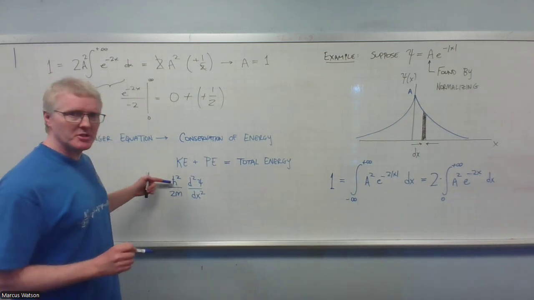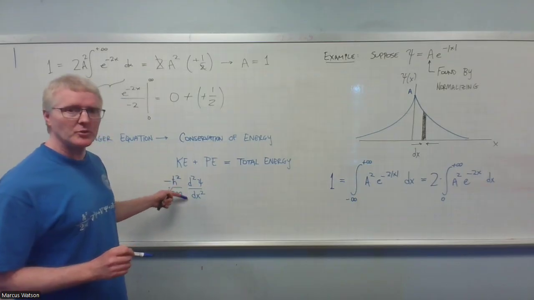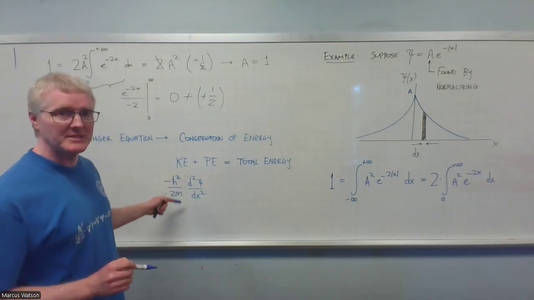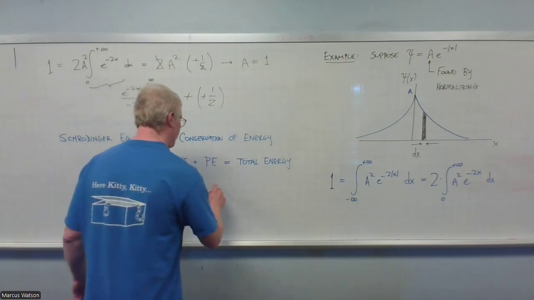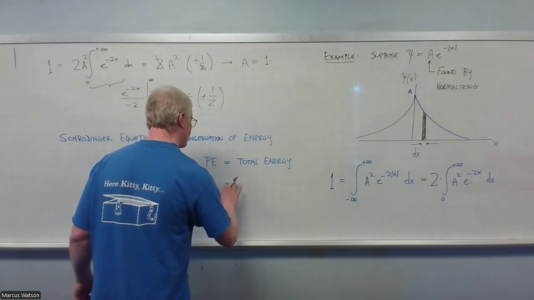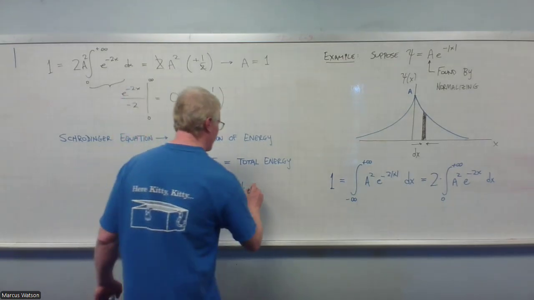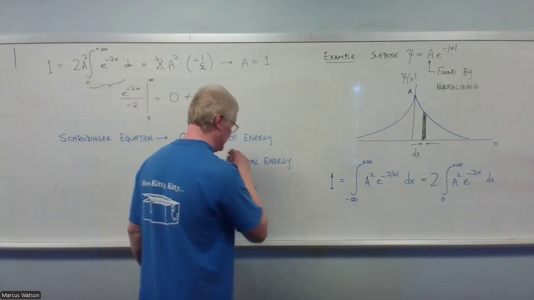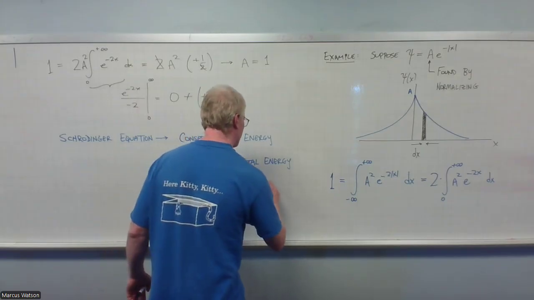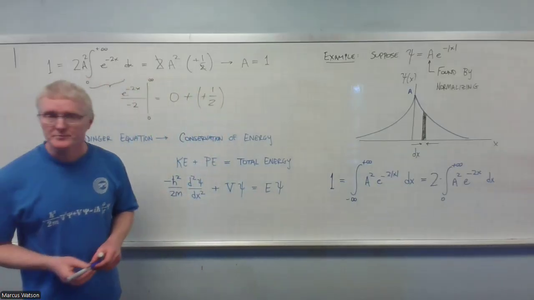It's negative h bar squared divided by 2 mass, 2m, and it's the second derivative of the wave function with respect to distance. Plus a potential, which I'll just call v, multiplying the wave function again, and that's going to equal the total energy, which I'll just call total E, multiplying the wave function again. Okay?